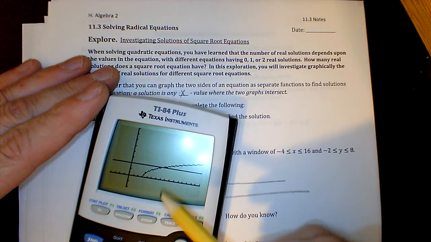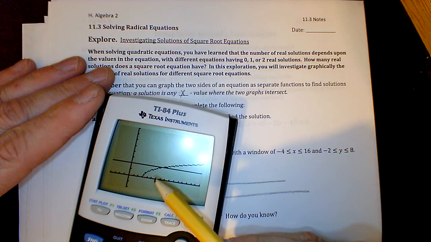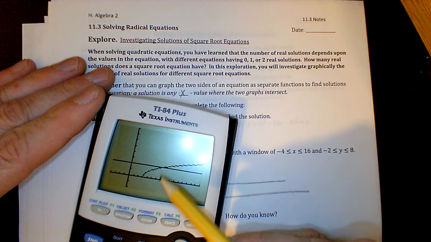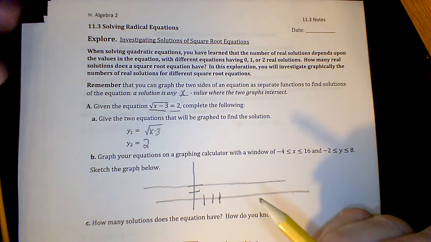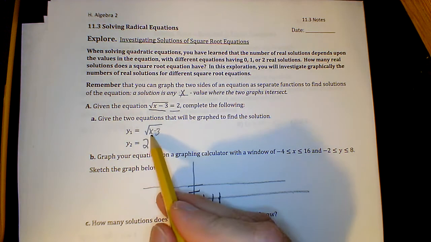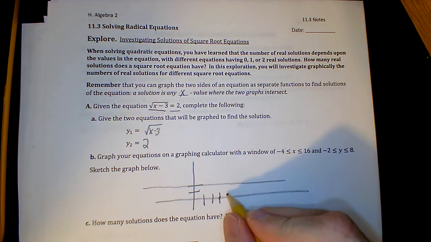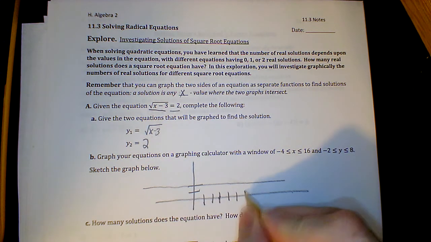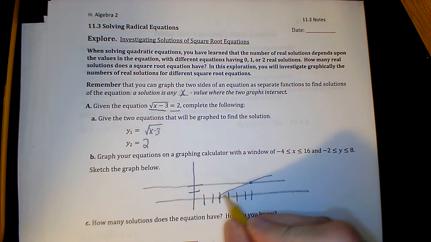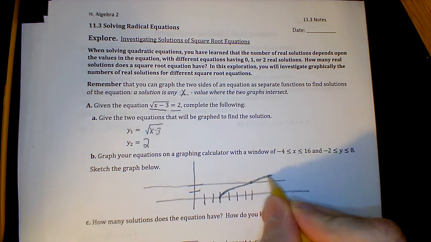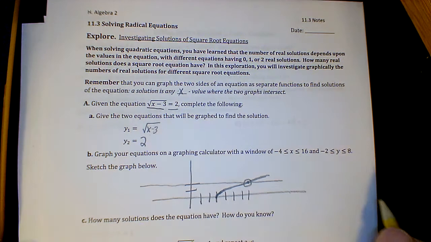If I make a good guess, it's like 4, 5, 6, maybe 7-ish. So I plug in 7. 7 minus 3 is 4. Square root of 4 is 2. It's definitely going to be 7. So when I get to 7, there's going to be a solution right there.